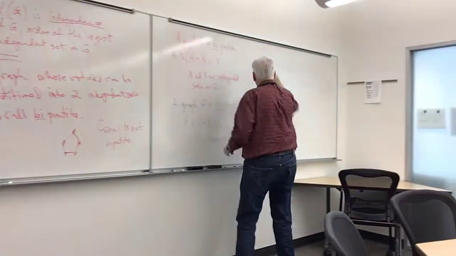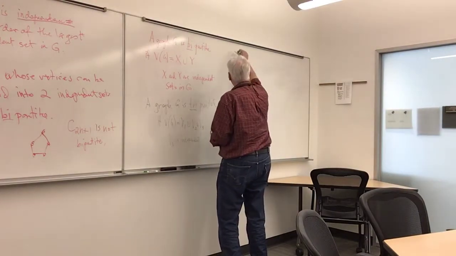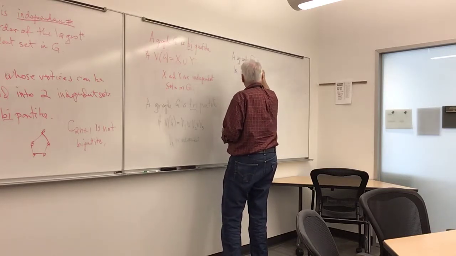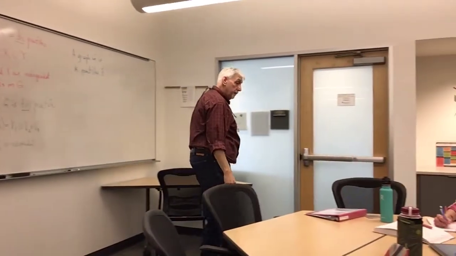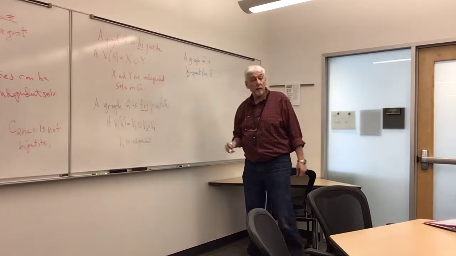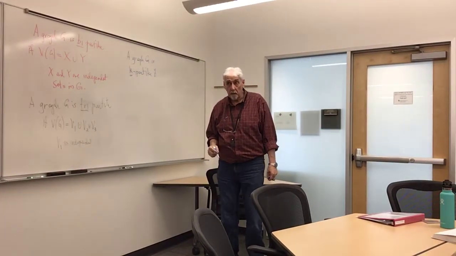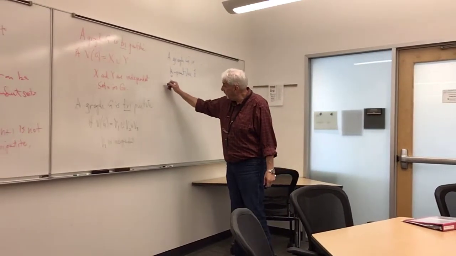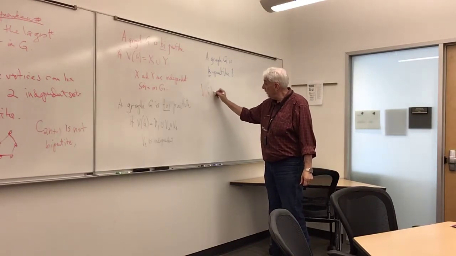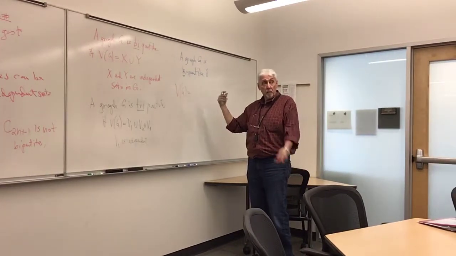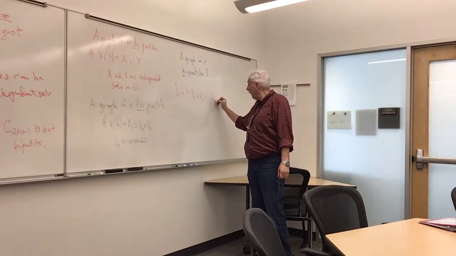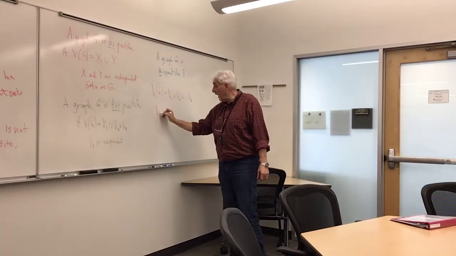If you had to guess, a graph G is k-partite if V of G can be partitioned, and partition means there's no overlap, into how many sets? Into k sets, so that each Vi is independent.